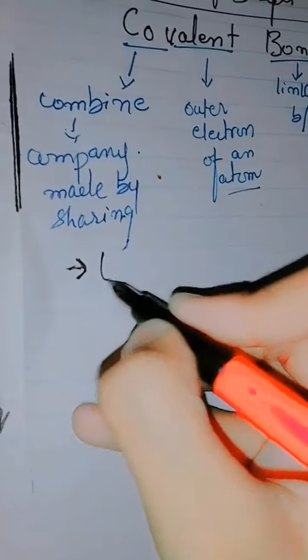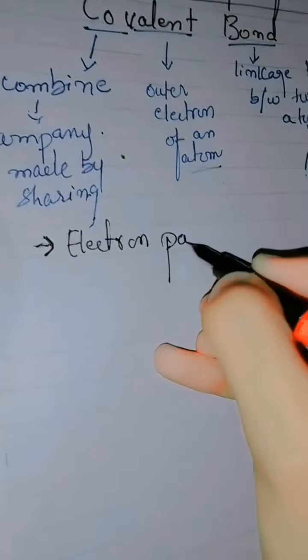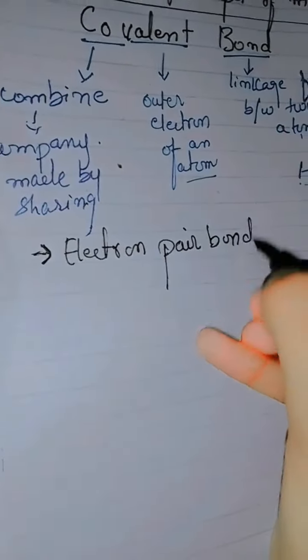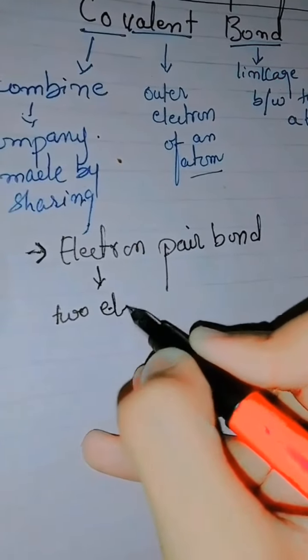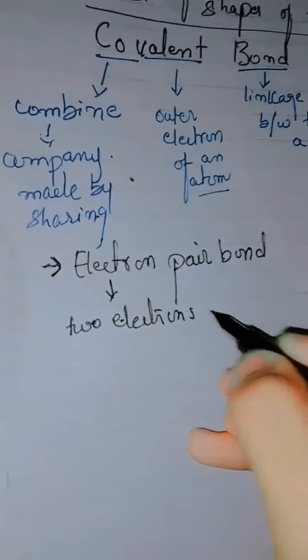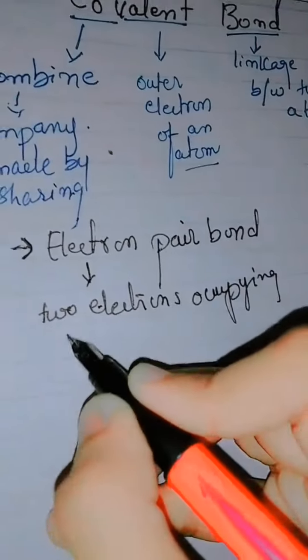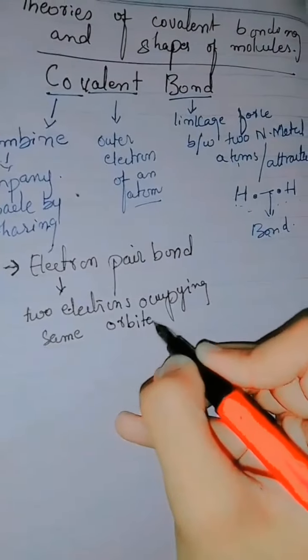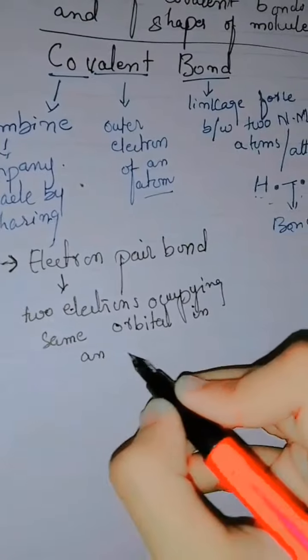Now talking about electron pair bond. What is electron pair? Basically two electrons occupying the same orbital in an atom or molecule is called electron pair.